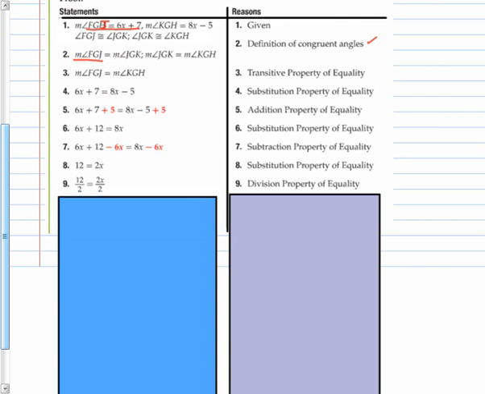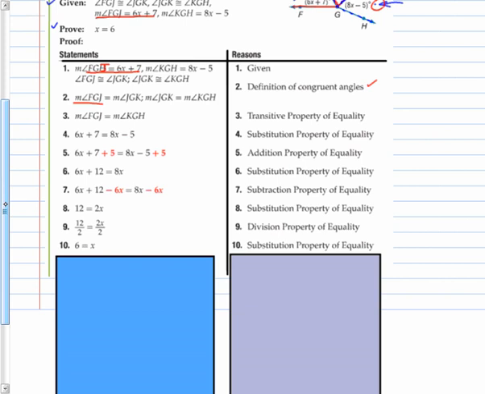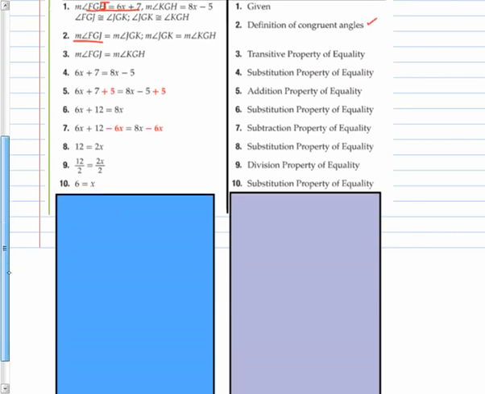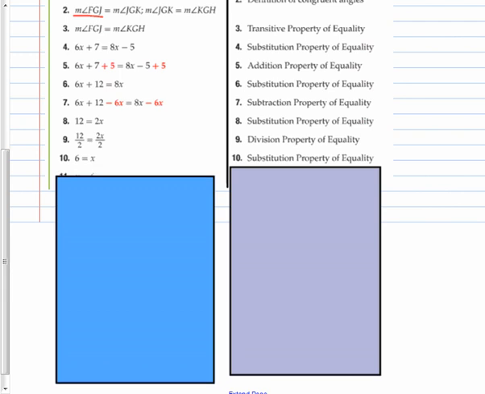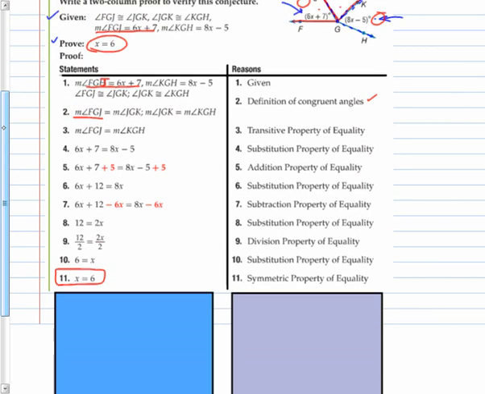Division property. And then substituted. 12 divided by 2 I can replace with a 6. Substitution property. Is that what I was trying to prove? Almost, isn't it? So we need to flip it around by use of the symmetric property, and we have arrived at exactly what we were trying to prove up there. So that's how proofs work. One step at a time.